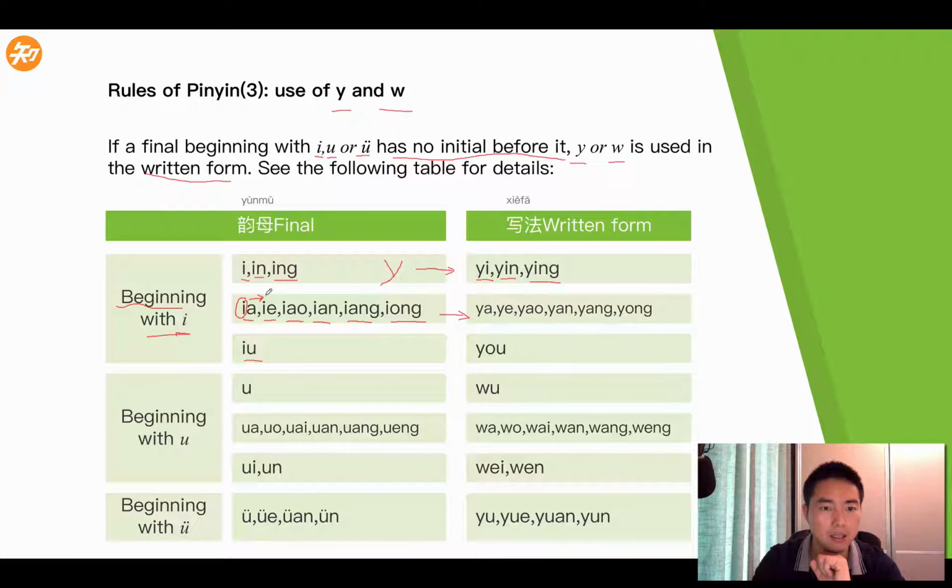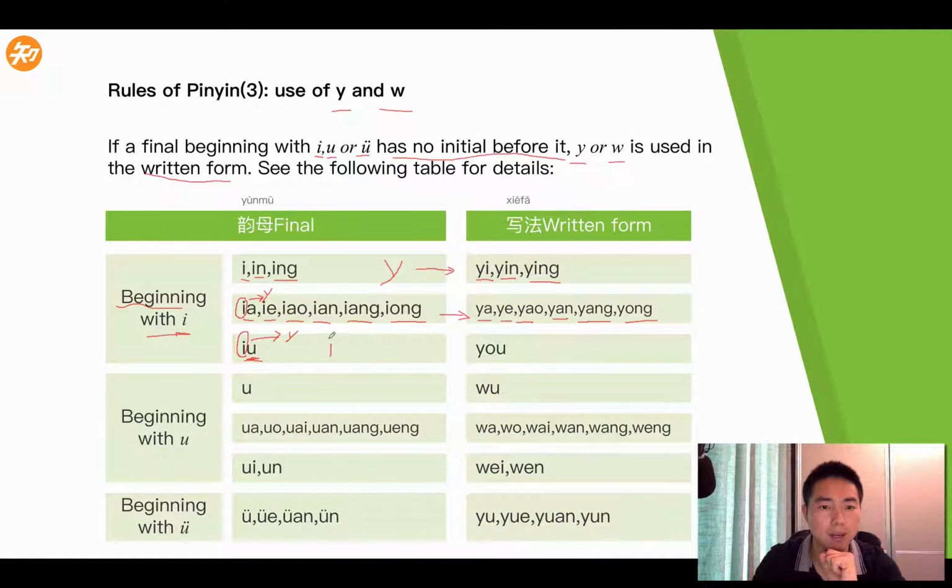becomes yi, yin, ying. Okay, the next group: we will change the final i here to the initial y, so it becomes like this: ya, ye, yao, yan, yang, yong, like this. And for the last one, we need to change this final i to this initial y, and we need to make this iou become its original form.